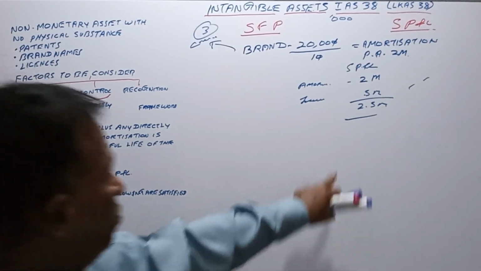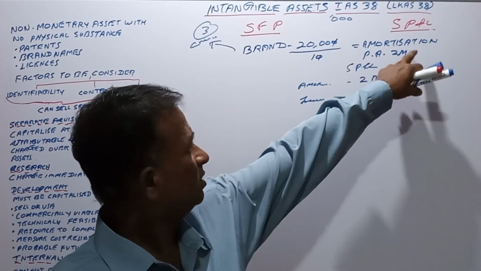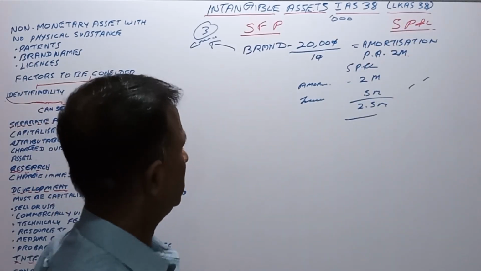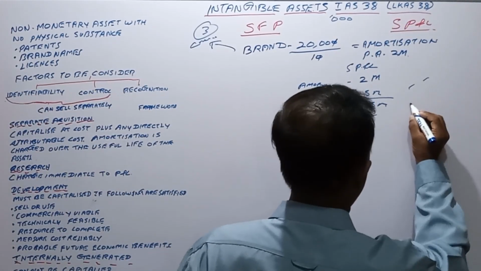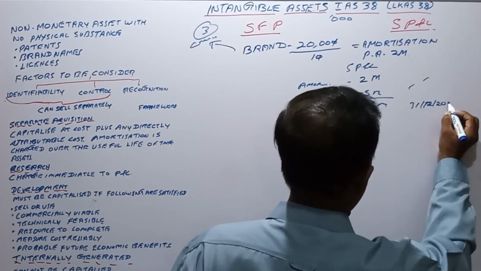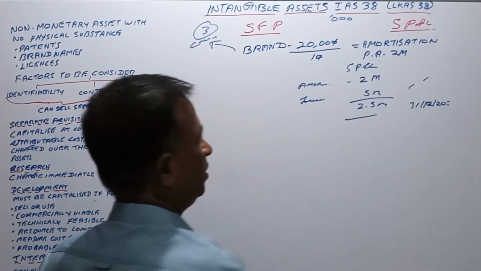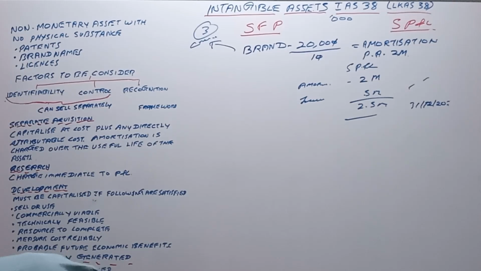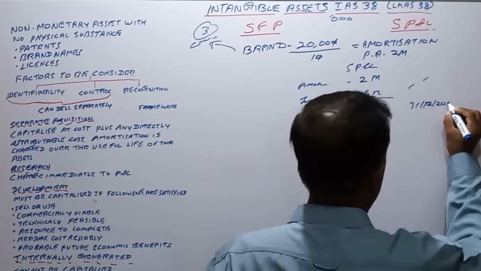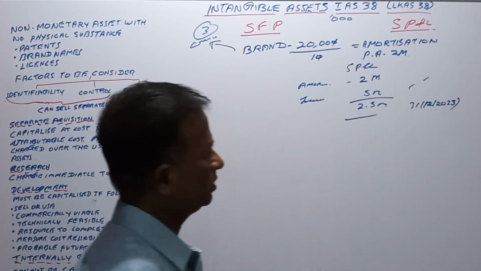So we will show 2.5 million in the statement of profit and loss account for the year ended 30th June 2023.